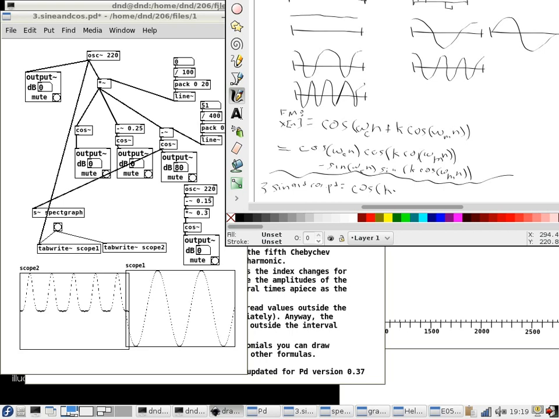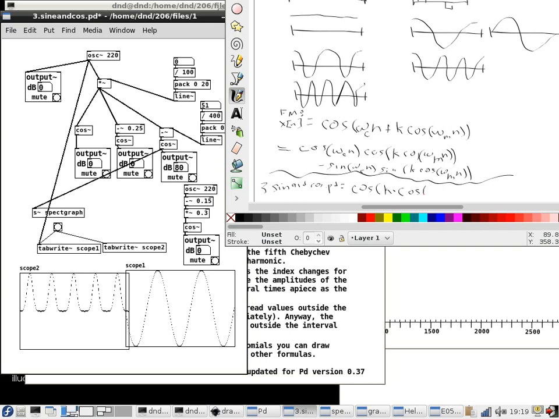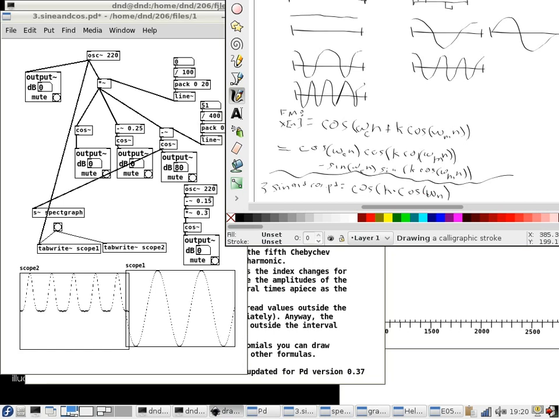So this is now going to be an index times cosine of omega in, filled in to be correct for getting a frequency of 220, and then we're going to subtract this thing, which is an offset. I think I should use the letter phi for that. Sorry about using Greek, but usually people use phi for things like this, because it's a phase shift on this cosine, although psychologically maybe you shouldn't think of it that way.